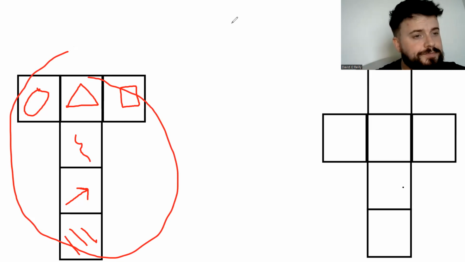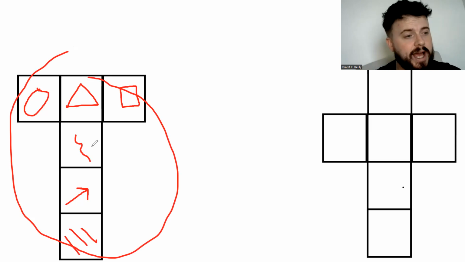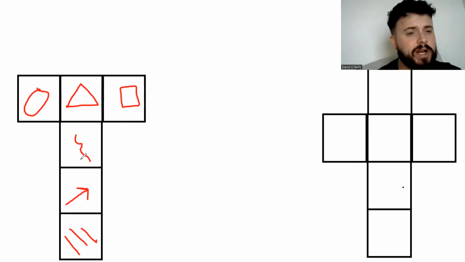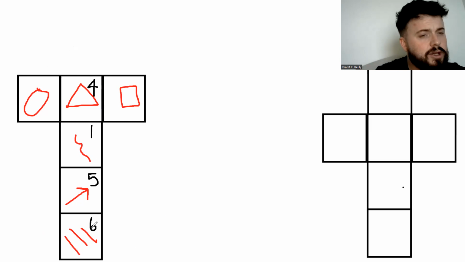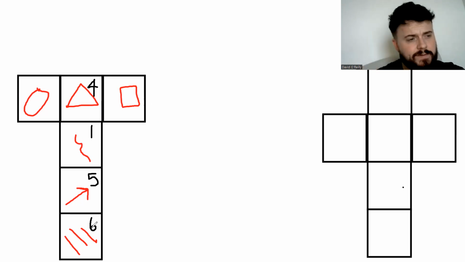Now, the first step is forget about these shapes. You see these shapes inside the net, we're going to forget about them for a minute. They are important, obviously, but for now, let's forget they exist. Instead, let's imagine numbers. We have number 4, number 1, number 5, and number 6, going downwards. 4, 1, 5, 6.